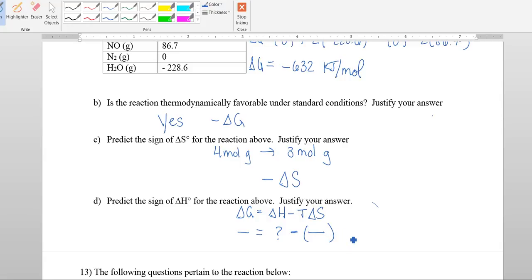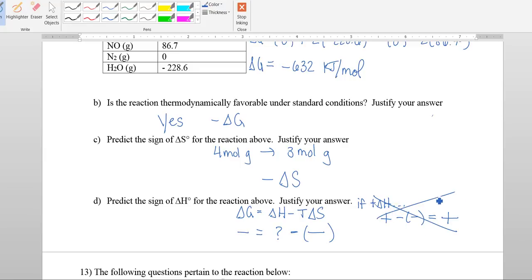So if we think about our possibilities, if H were positive, so if you had a positive delta H, then you would have a positive value minus a negative value, and that would always give you something that is positive. But we know that G is negative, so it must not be positive.